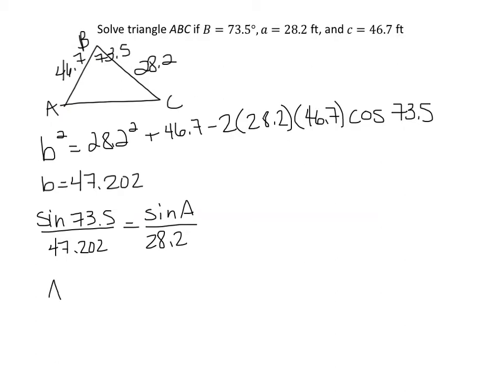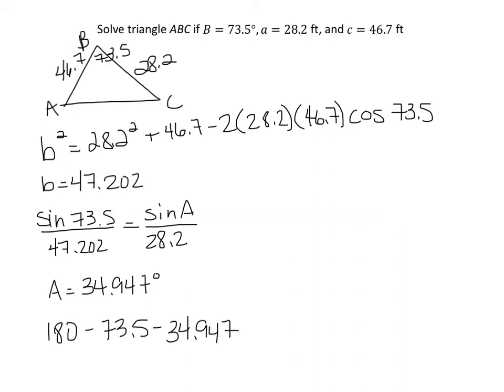I have angle A as 34.947. And then to find angle C, I just do the angle sum theorem. So 180 minus 73.5 minus 34.947, which gives me 71.553 degrees, and that's angle C.